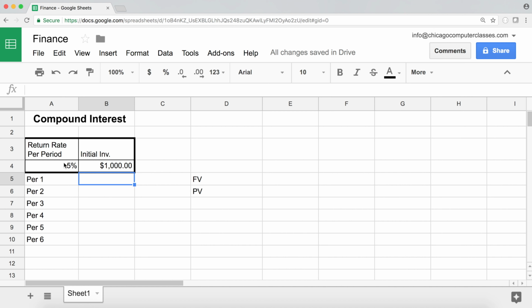So what we want to do, we want to increase this $1,000 by 5% in our next period. Equal sign, and that's our $1,000, right? That's that cell.